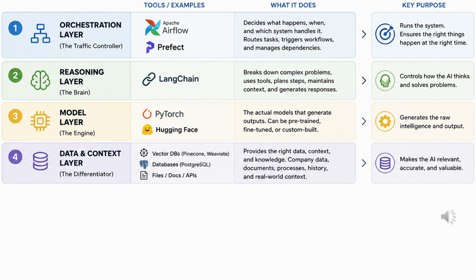So in general terms, the data and context layer is where, let's take an example, you're using a pre-trained model for your customers, and you're evaluating your customers' data using that model. The model needs to understand what is specific to the customer.